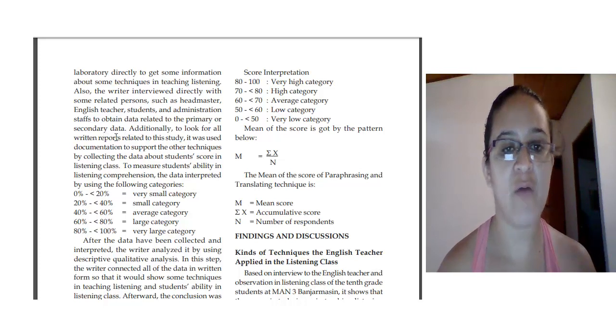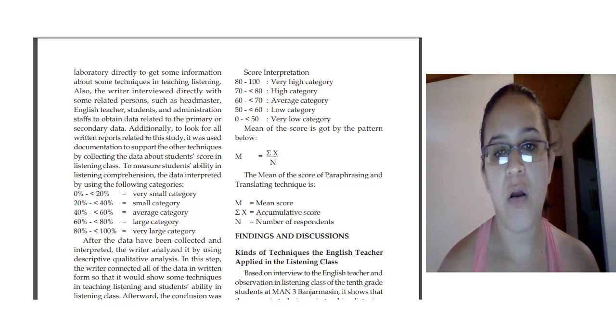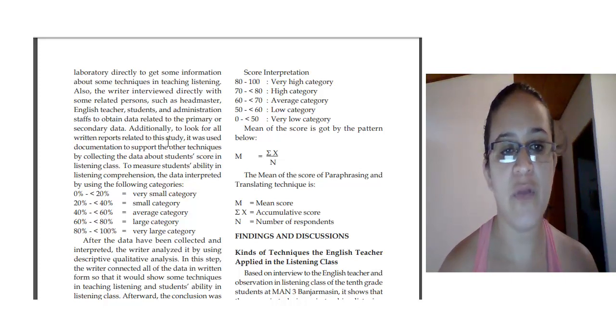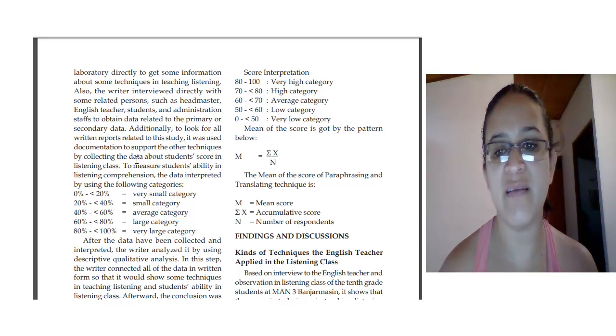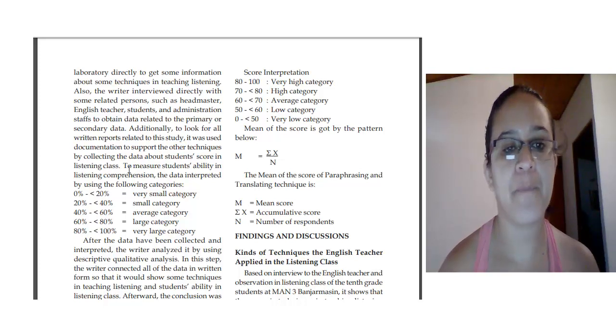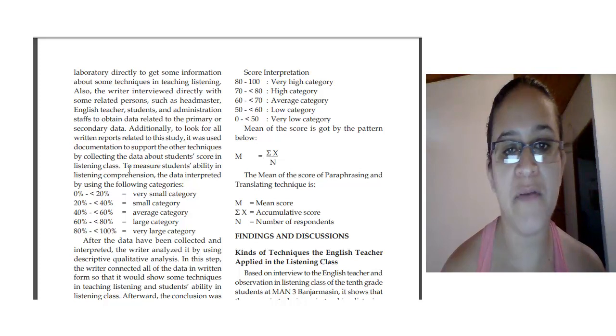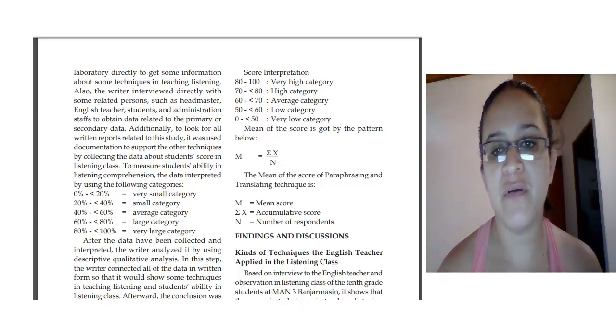And finally, about documentation, the article says it was used documentation to support the other techniques by collecting the students' scores in listening class. So those are exactly the principal qualitative techniques of data collection that we know.